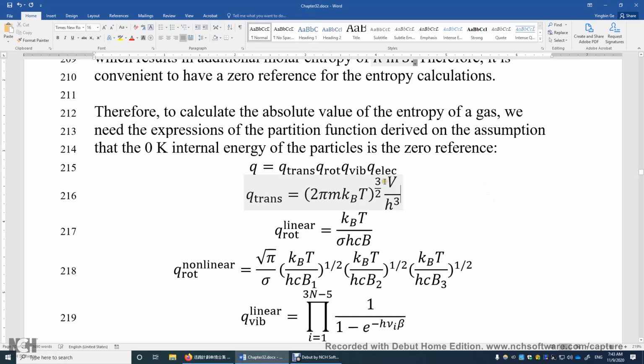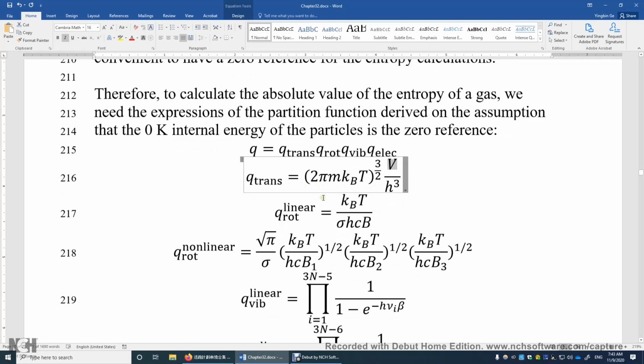If you have a real gas, it's probably more accurate to replace the volume of the container with the available space, V minus nb. Also, you need to take the attraction and repulsion between the real gas particles into account when we solve the particle in the box problem. That gets too complicated, so I'm assuming it's an ideal gas here.